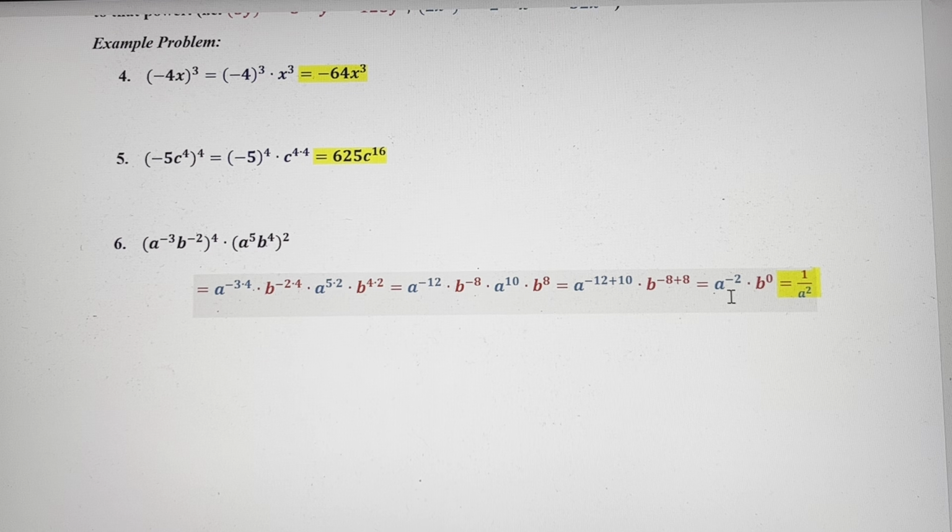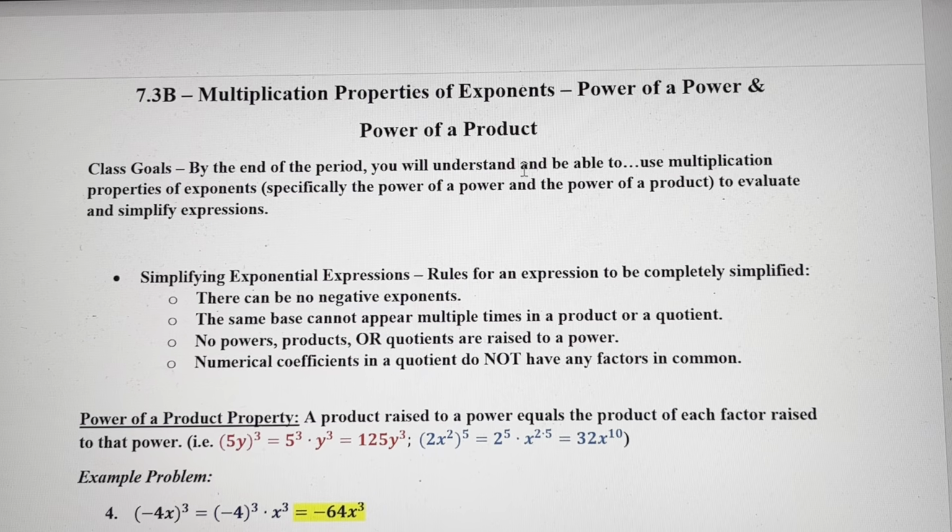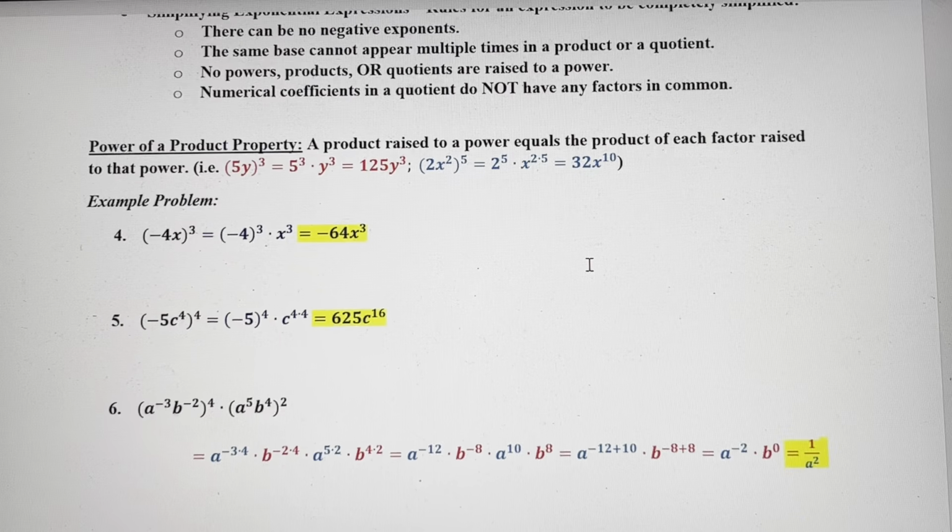A to the negative 2, I need that exponent to be positive, so I have to move it through the fraction to the denominator. I followed all my rules for simplifying that you saw earlier in the video. So this is my final answer for number 6. So that's how you use the power of a product property to simplify exponential expressions.